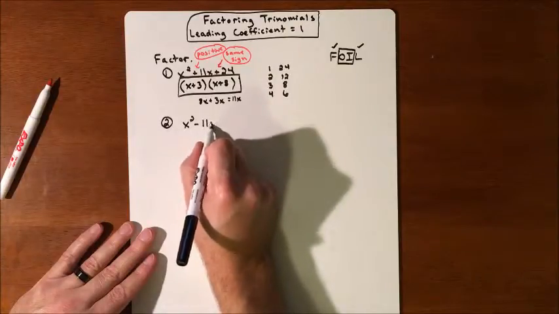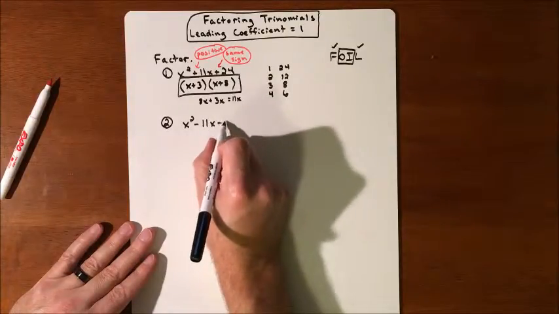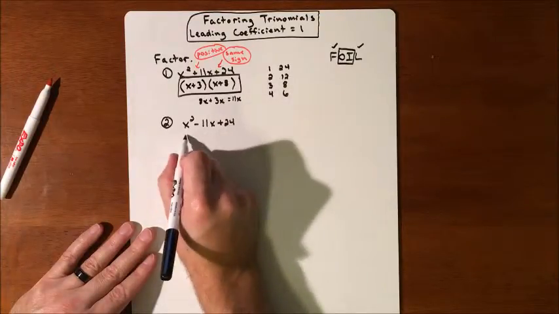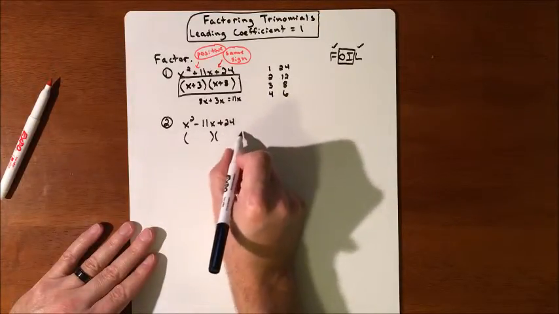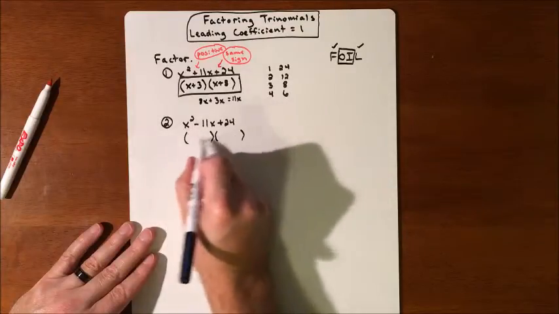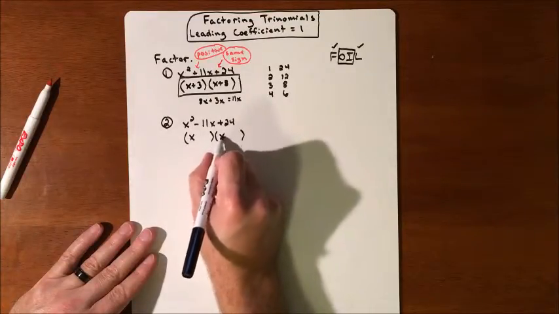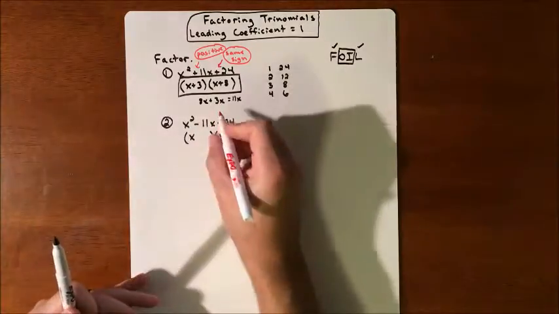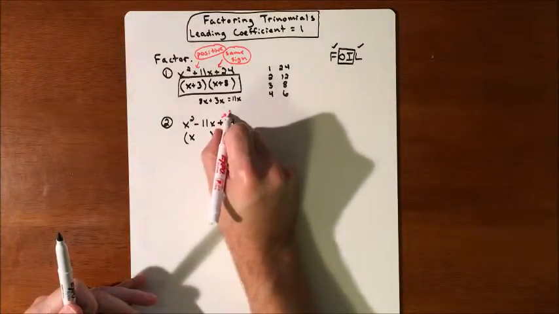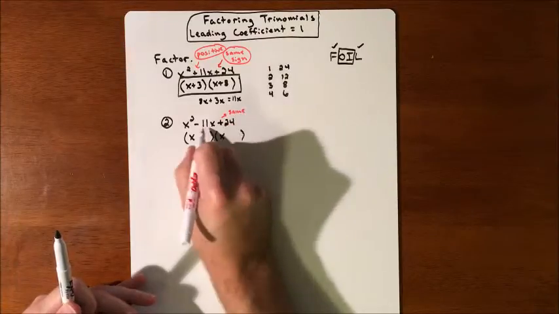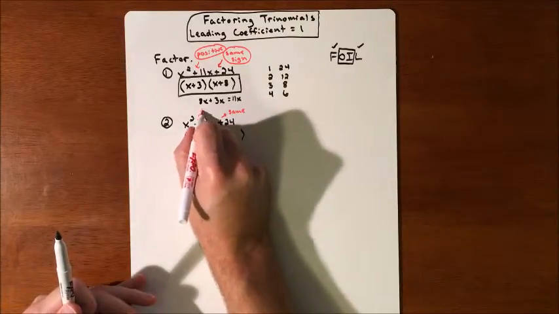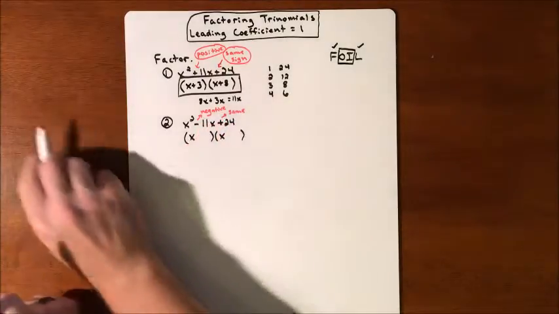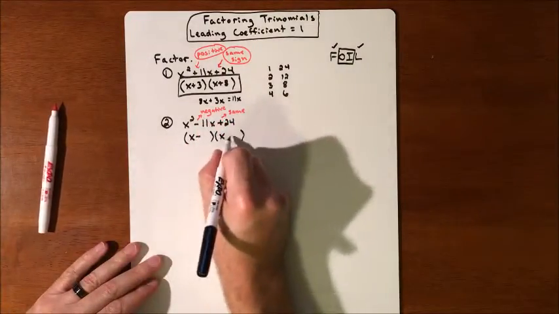Instead of having a positive 11x, what if we have a minus 11x plus 24? First times first still needs to make x squared. This is telling us the signs are the same, and that they're both negative.